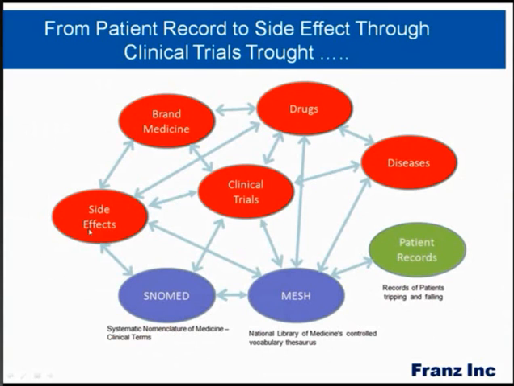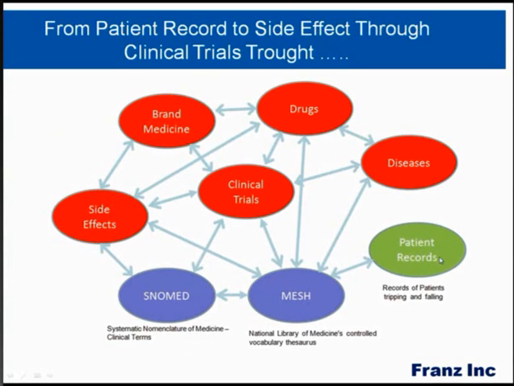But here's a better picture. The red ones I downloaded from the web. Then we had our 3,000 patient records that were all indexed with MeSH and SNOMED, but all the unstructured text in the clinical trials, diseases and side effects is also indexed with SNOMED and MeSH.